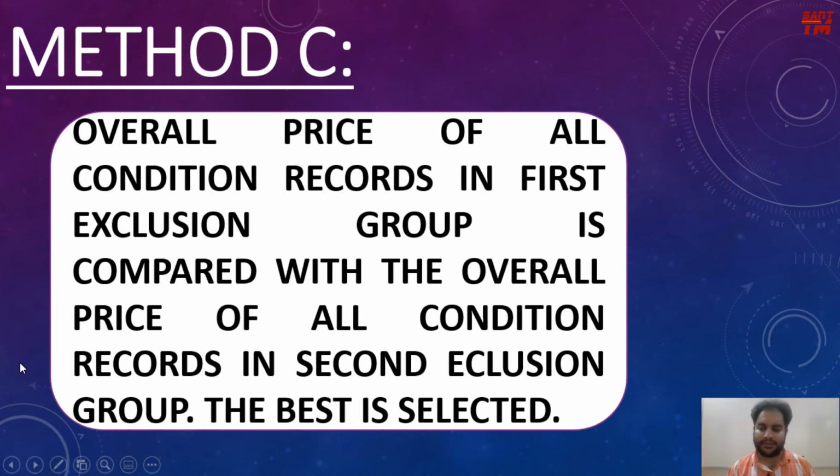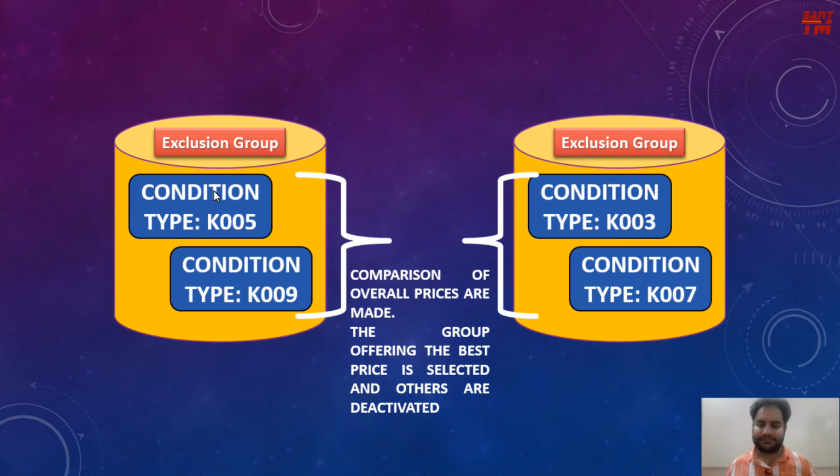Now as the whole exclusion group is being selected here, that means multiple conditions would also be selected here. Out of many conditions, we are restricting to some conditions, not to one condition but some conditions this time. Okay, see this. One exclusion group is this, having condition types K005 and K009, and the second exclusion group is this, condition type K003 and condition type K007.